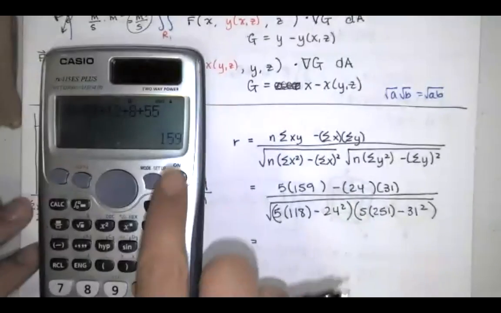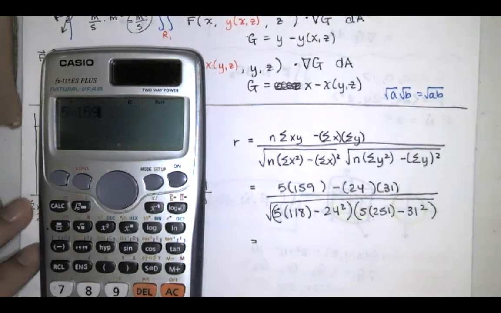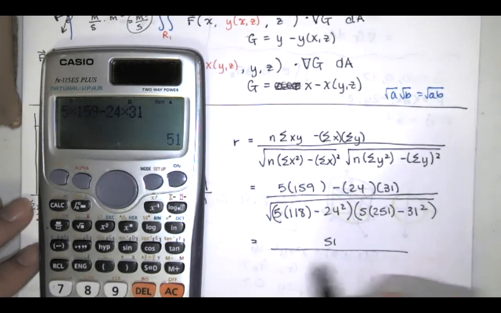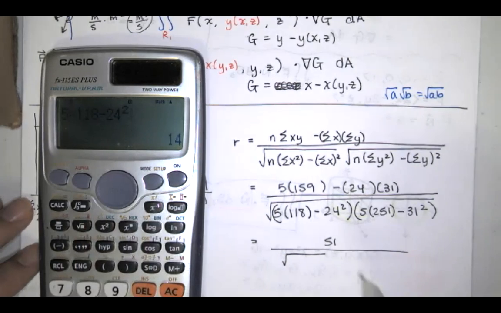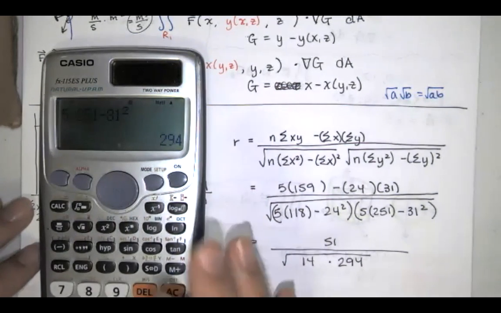So if I use my calculator for this arithmetic, I have 5 times 159, not plus 159, minus 24 times 31 is 51 in the numerator. And then I have 5 times 118 minus 24 squared is 14. And then I have 5 times 251 minus 31 squared, which is 294.